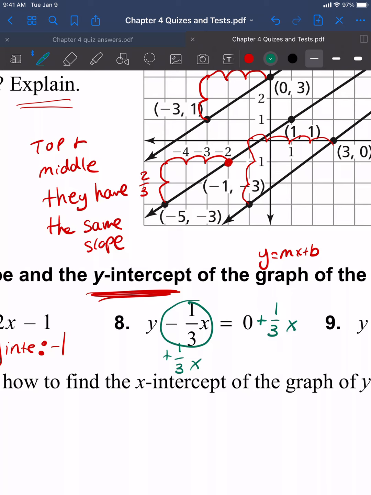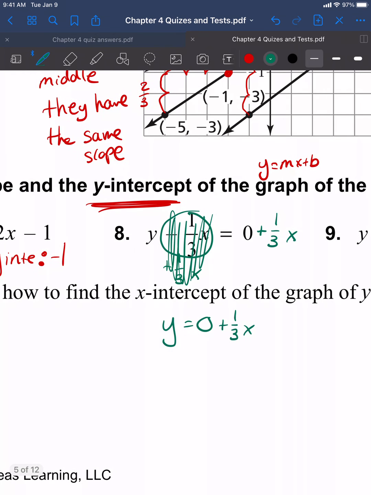You are absolutely correct. So now I'm left with y equals 0 plus 1/3 x. Is that still y equals mx plus b formation, or is that y equals b plus mx? So I need to flip it one more time. Can I just rewrite it as 1/3 x plus 0?